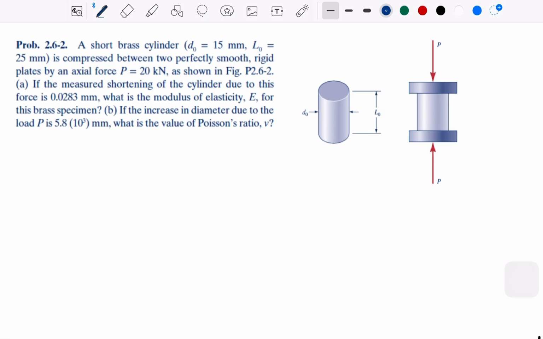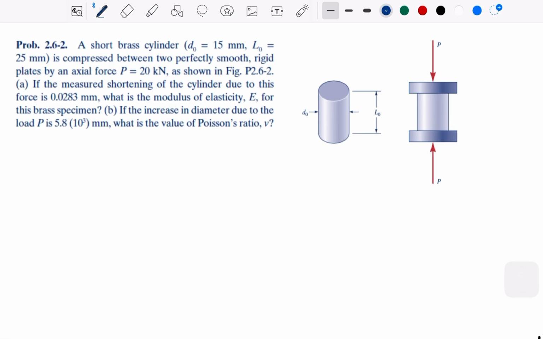So if we compress this cylinder, there will be a shortening, and it's mentioned in the first question: if the measured shortening of the cylinder due to this compressive force is 0.0283 millimeter, what is the modulus of elasticity for the specimen?